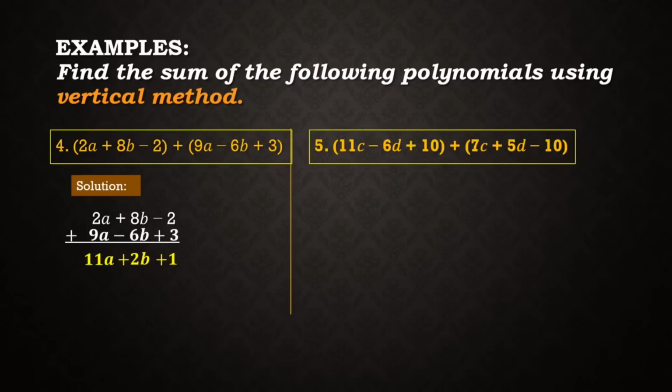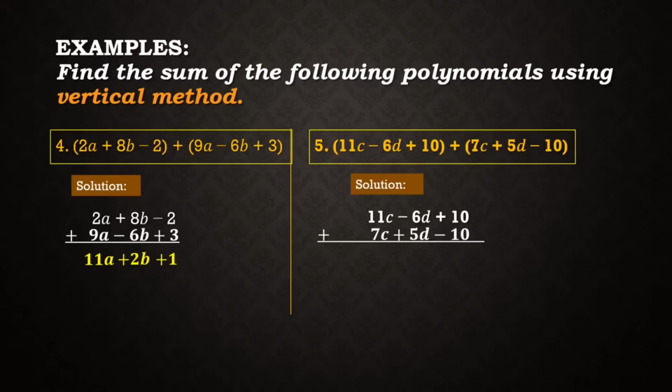And for the fifth example, we have 11c minus 6d plus 11 plus the quantity 7c plus 5d minus 10. When we align the terms, we can add them. 11c plus 7c is equal to 18c.